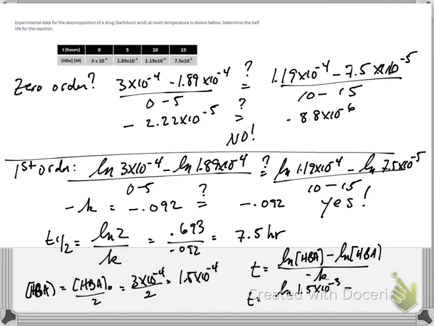That's the concentration at half its value. The original concentration, 3 times 10 to the minus 3, divided by 0.092 minus 0.092, and we get 7.5 hours. So in both cases, whether you use the formula or whether you use the integrated rate law, you obtain the same value.